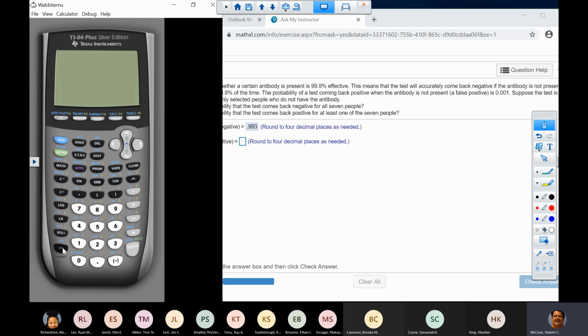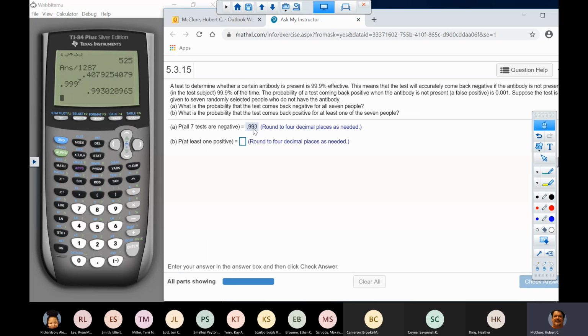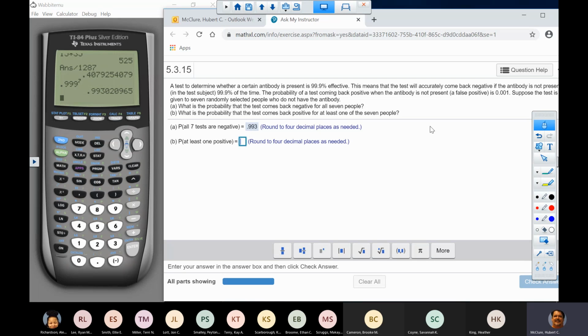Let's go ahead and do that. 0.999 raised to the 7th power. 0.993. So that's probably that answer right there. Now, what is the complement of 0.993? 0.007, Hubert.